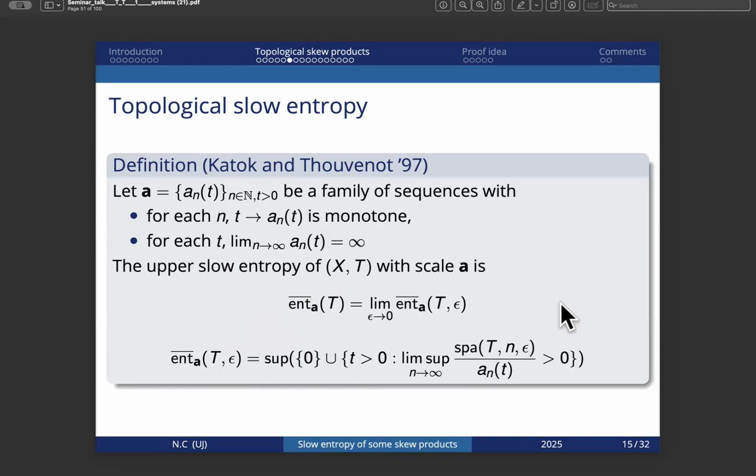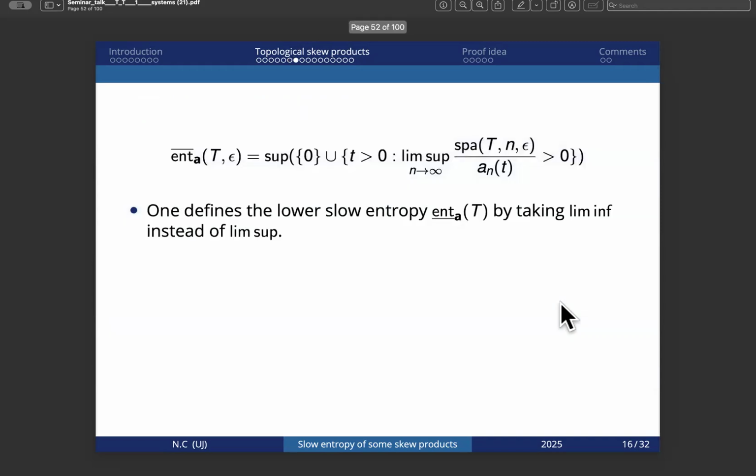So, some comments about the definition. One is that we can define lower slow entropy taking liminf instead of lim sup in this definition.